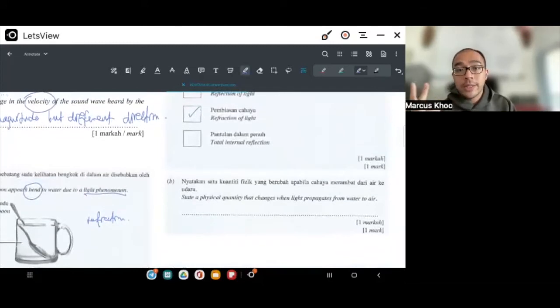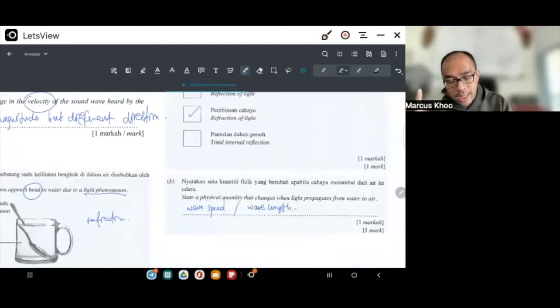There are 2 things that change, which are the wave speed or the wavelength. Just as a reminder, the one that is unchanged for refraction is frequency. So we want to remember that. Frequency is never changed during refraction.